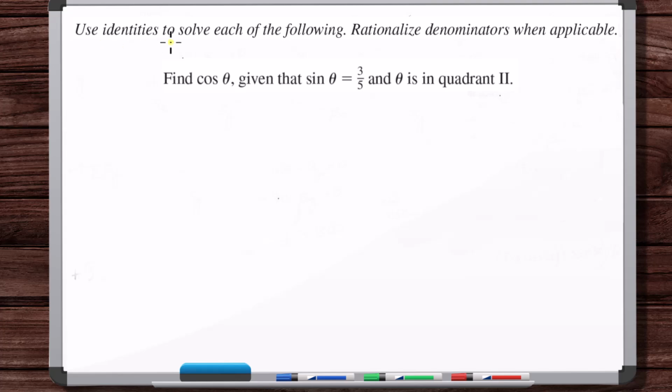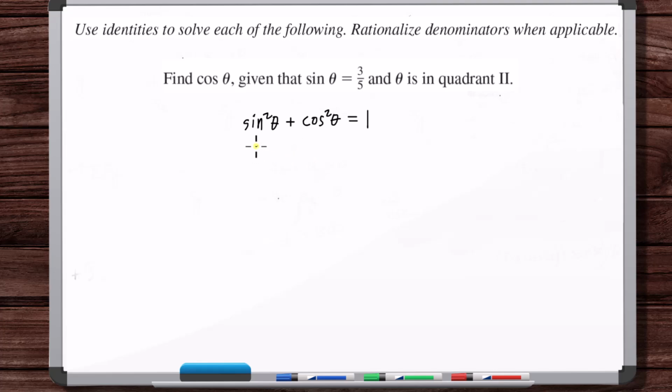Use identities to solve each of the following. Rationalize denominators when applicable. Find cosine theta given that sine theta is 3/5 and theta is in quadrant 2. We're going to use the Pythagorean identity that sine squared theta plus cosine squared theta is equal to 1. For where this comes from, check out the previous video.